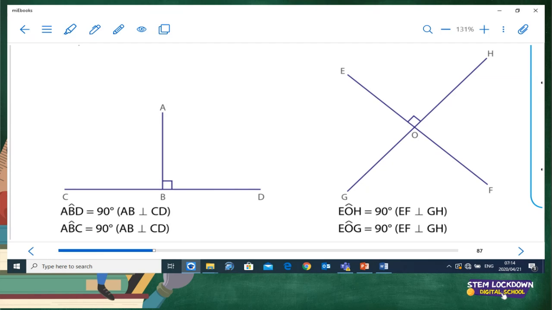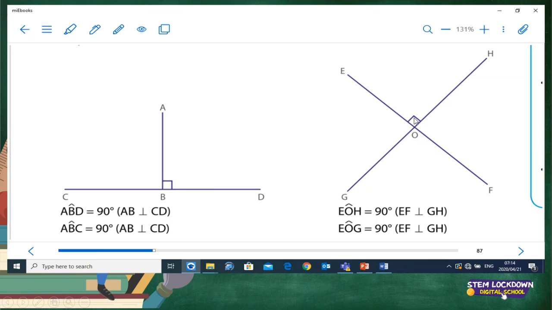And the next one here, you'll have the line EF, which is also perpendicular to the line GH. This means that where the two lines meet, the angle that is formed there is 90 degrees, as reflected on the diagram. You can see that angle EOH is 90 degrees.